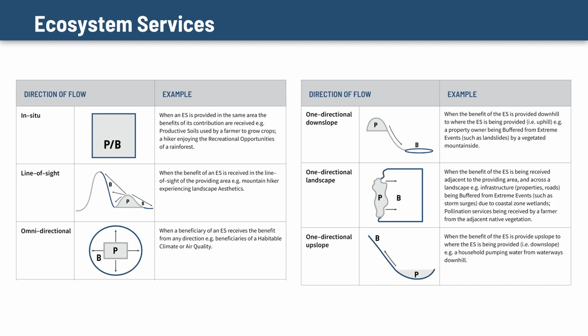Or if we think about carbon sequestration, what is occurring in one location is actually providing benefit to people all around the world. In other instances, we might have a vegetation barrier that's providing protection from land that's adjacent to it, or a pollination service that's happening from land that's co-located next to a farm, and so on. So these ecosystem services are complex and flow in different ways and to different beneficiaries, both directly and indirectly.